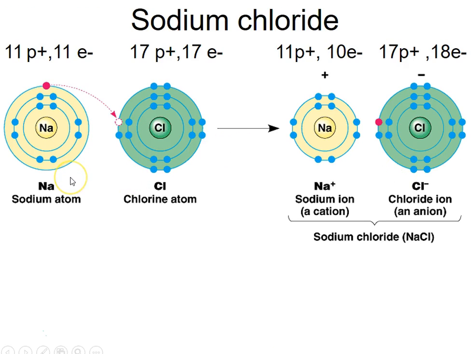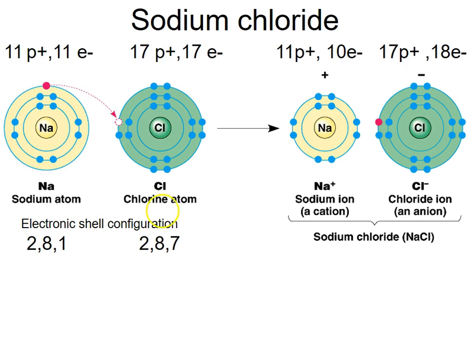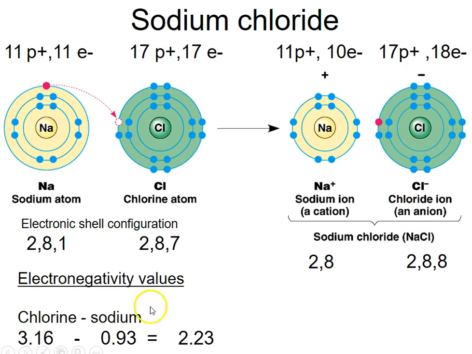This is just another diagram showing an example. Sodium has 1 electron in its outer shell, chlorine has 7, so the sodium loses 1 until it becomes 2, 8, and the chlorine gains 1 until it becomes 2, 8, 8.